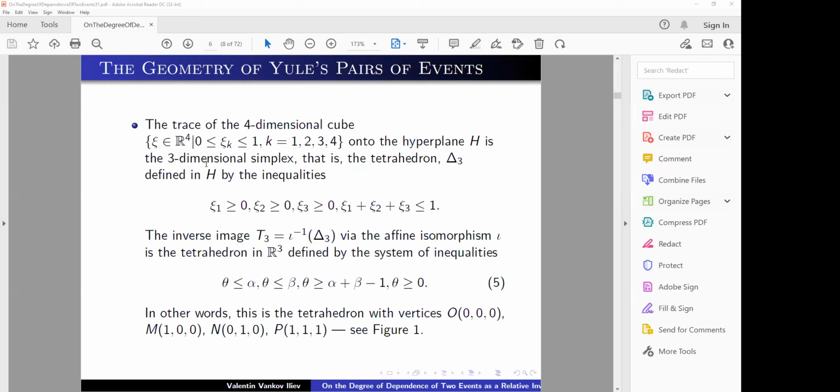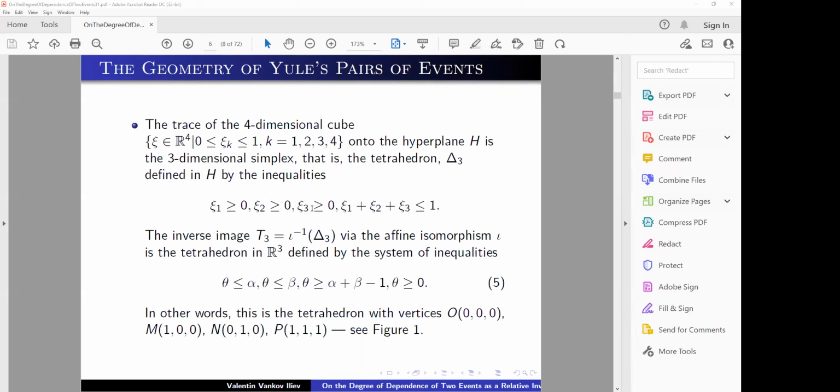This is a well-known object, almost any theory touches this object called the three-dimensional simplex. This is a tetrahedron. I called it delta 3, and it is defined in this way.